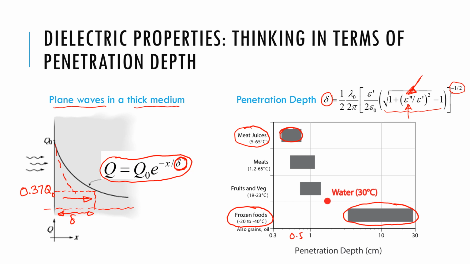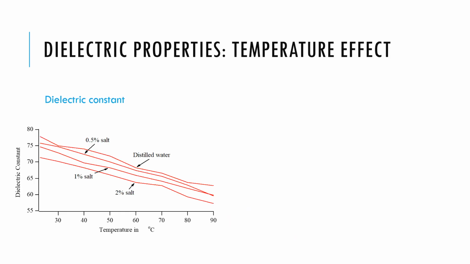That's an example of the sort of manifestation of this penetration depth. So this again is a useful piece of information to try to understand how something will heat in microwaves. Here we want to look at how temperature affects dielectric properties. Now it's hard to talk about the temperature effect for a complex system as food is.